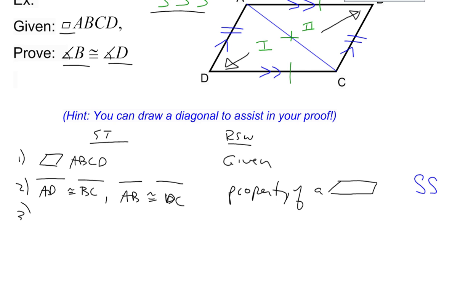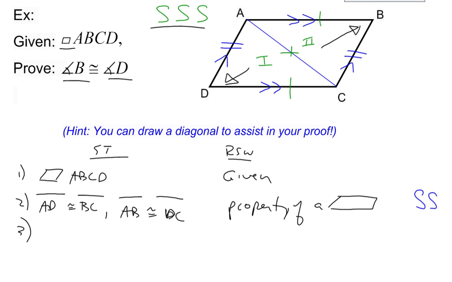Statement number 3 would say that line segment AC is congruent to line segment CA. Reason for that, the reflexive property. You can say reflexive property of congruence, reflexive property all by itself is perfectly fine. Well, look what I've got. I've got another side.